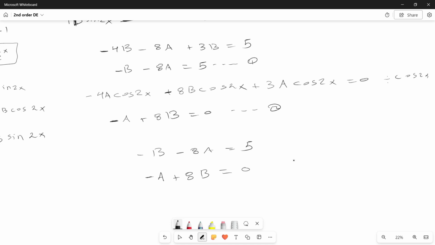Now we can multiply the top by 8, so we have negative 8b minus 64a is equal to 40, and the 8b and 8b get cancelled together, so we're left with negative 65a is equal to 40.